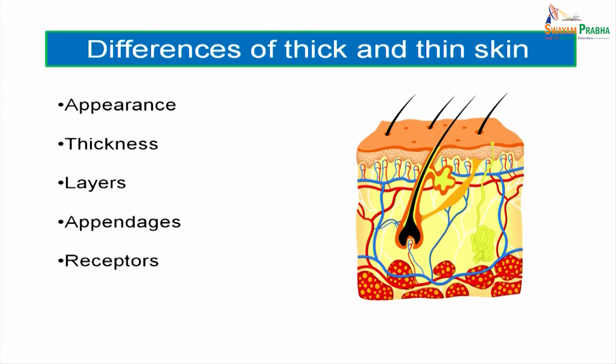We do not find them in thin skin. In fact, thin skin has more free nerve endings, etc. And coming to the examples, like I already said, thick skin is present in the palms and soles, and the rest of the body is covered by thin skin. So, these are a few differences between thick and thin skin.